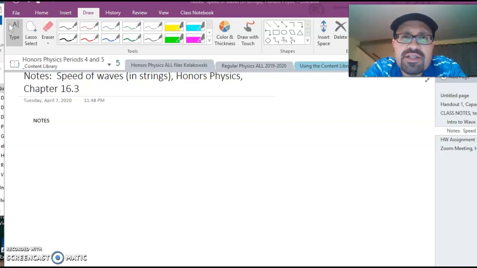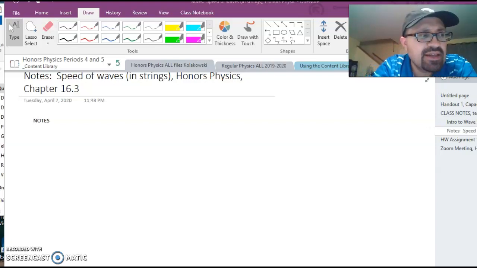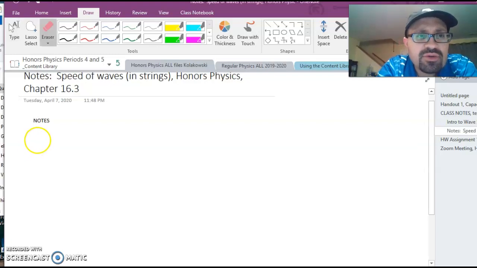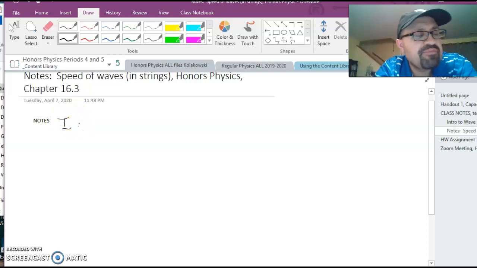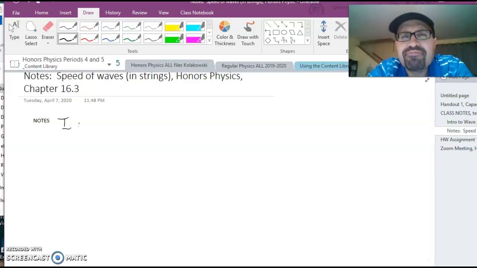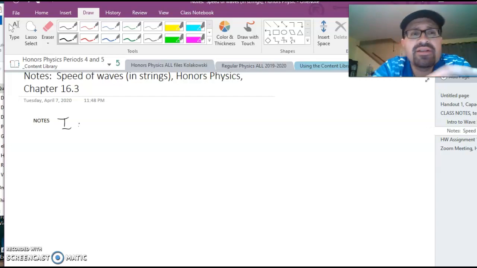This is from chapter 16.3, and let's jump right into a couple of things that I think are foundational to the lesson. The first thing I want to bring to your attention is the speed of waves through strings. You could take a jump rope, flick your wrist, and you'll see the wave propagate through that particular jump rope, right?